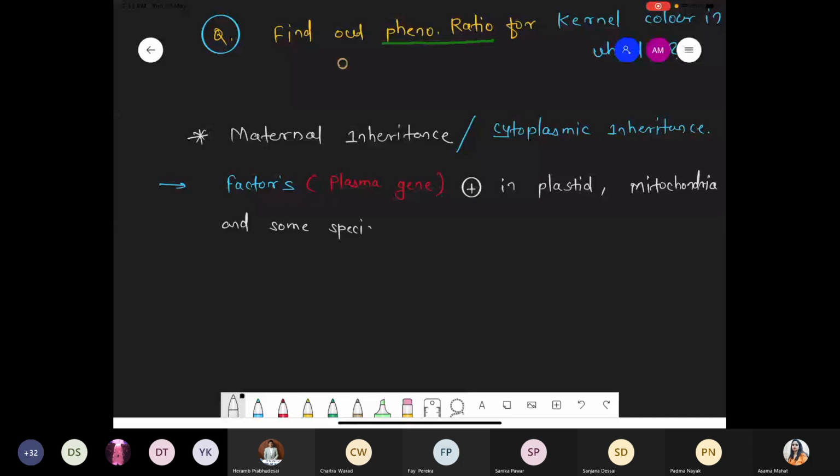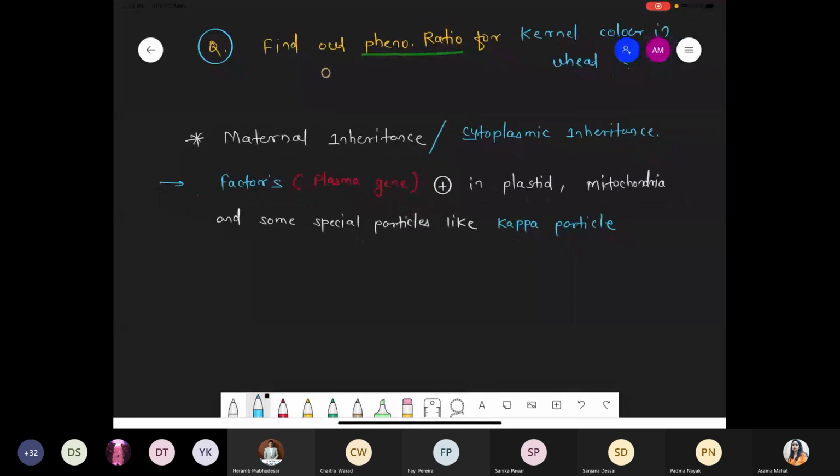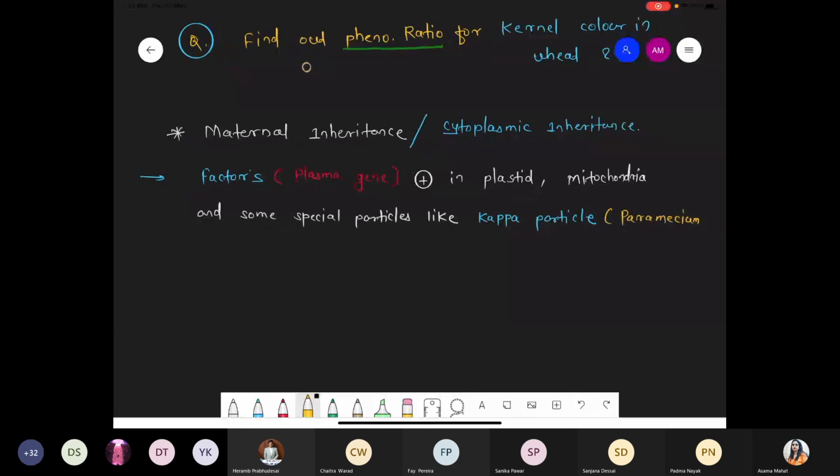It is present in some special particles like the kappa particle. The kappa particle is present in paramecium.